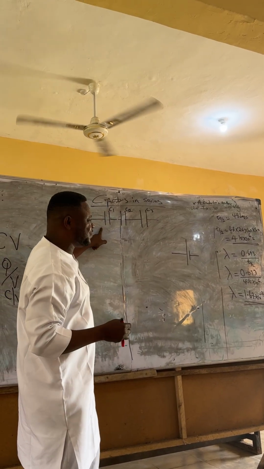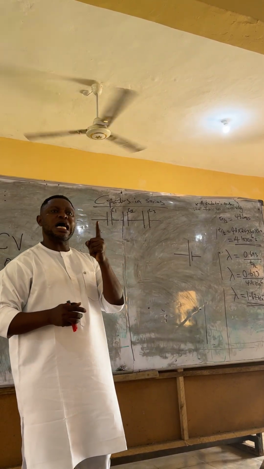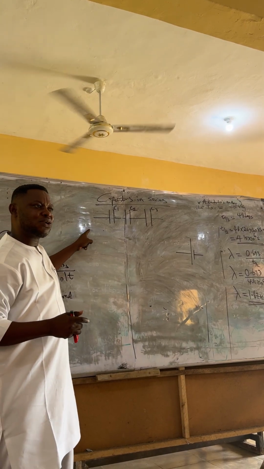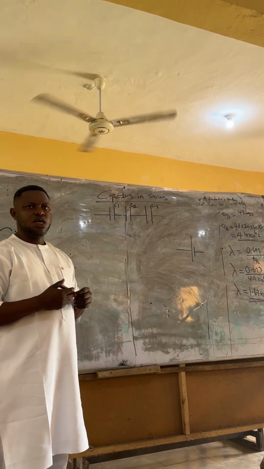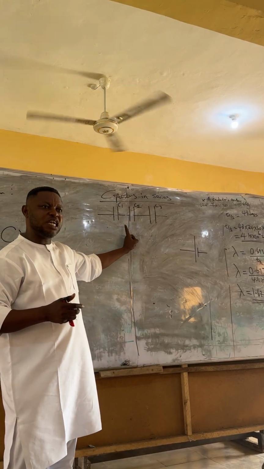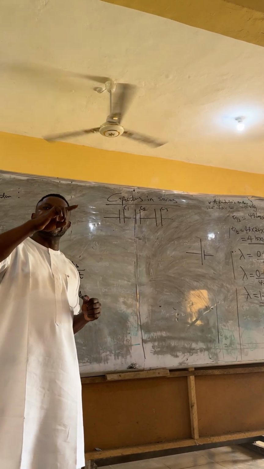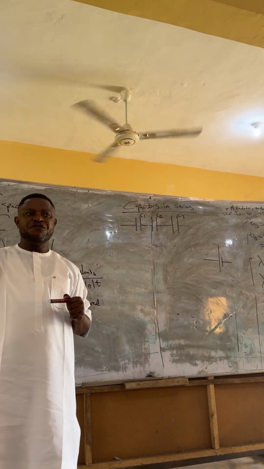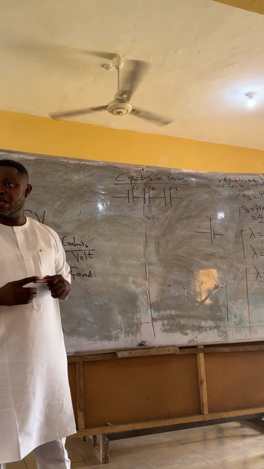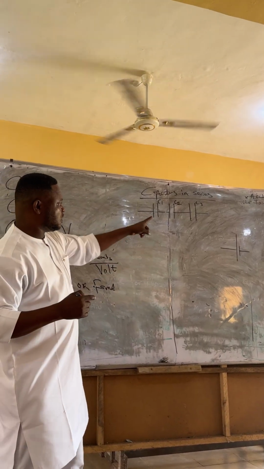This arrangement is series. Capacitors are in series when the same charge flows across each. So if you have this arrangement, this is when they are in series. Anytime you notice that the same charge flows across each capacitor, we now say that the arrangement is series.